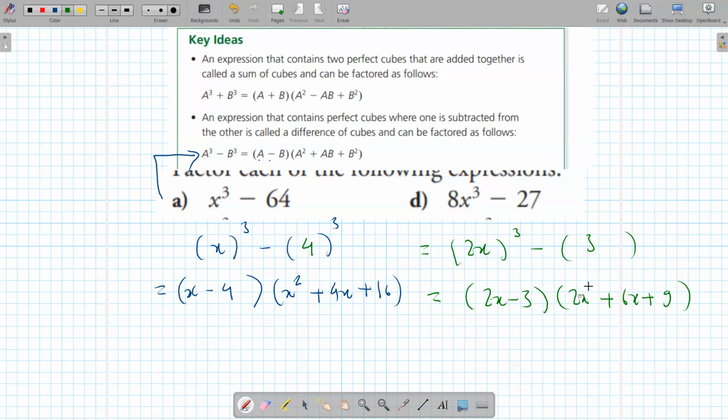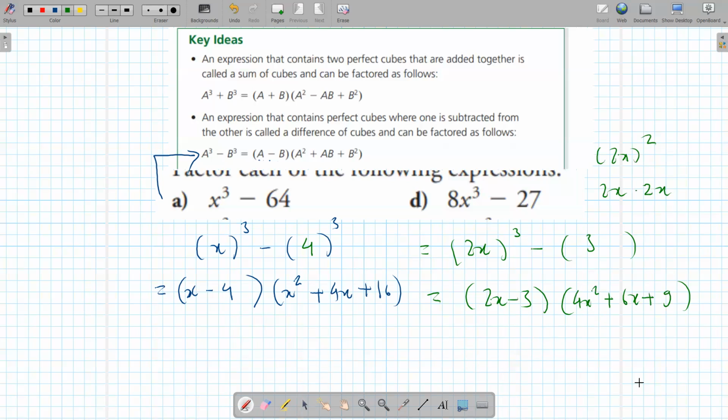But you said 2x squared, right? This is not quite right because it's a squared. a is 2x, so it's going to be 2x whole squared. What's 2x whole squared? What's 2x times 2x, another way of looking at it. 4x squared. There we go. That's the answer there.